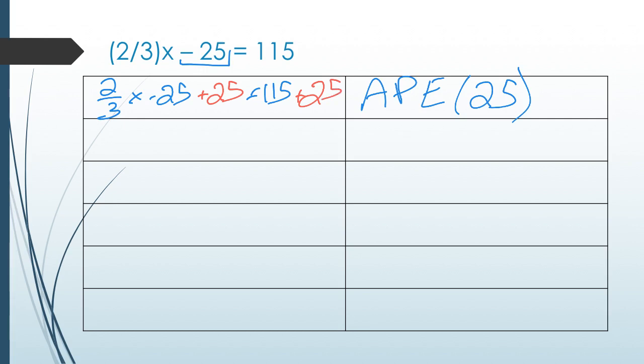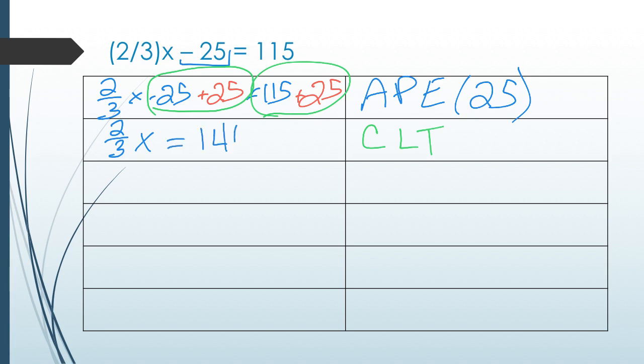I like to use a different color to make it very easy to see what I'm doing. These can combine. These can combine. So my next line is going to be combining like terms. So I end up with 2/3 of x equals 140.